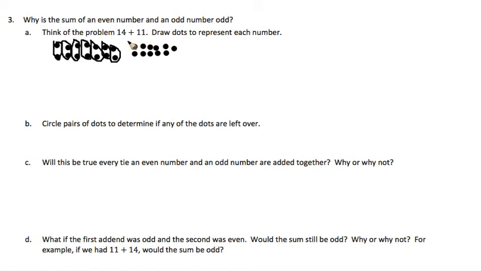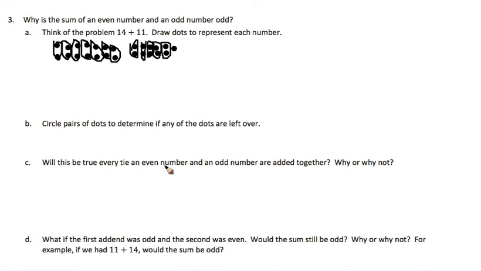There are none left over with 14. We circle the pairs in 11. And we find that there is one left over from our 11, and there are none left over in 14. So the answer to 14 plus 11 has to be odd. It has one remainder that doesn't have a partner.